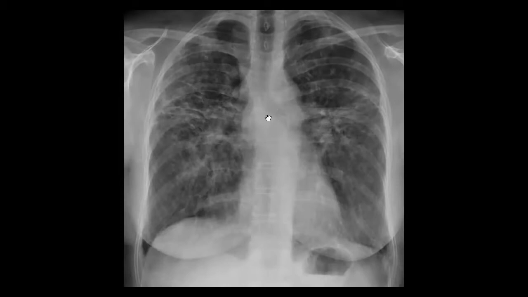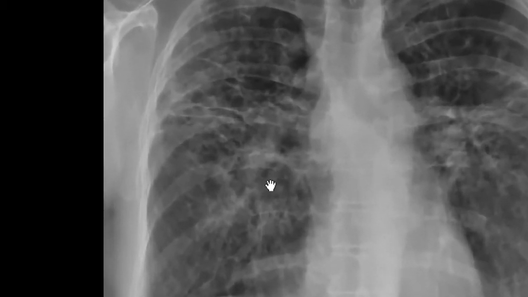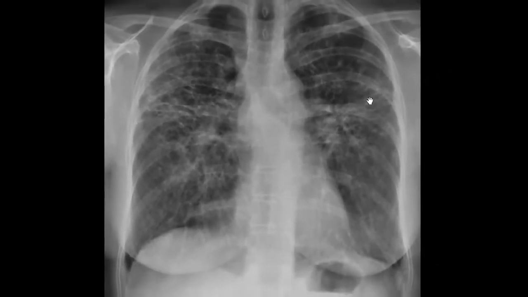You can see abnormal opacities in both lungs here as well, and there is an abnormal lucency here and in this area, and most probably in this area as well. You would agree that there is a reticulonodular pattern, and there are fibrotic changes in mid zones on both sides.